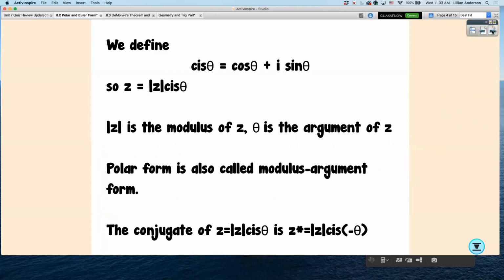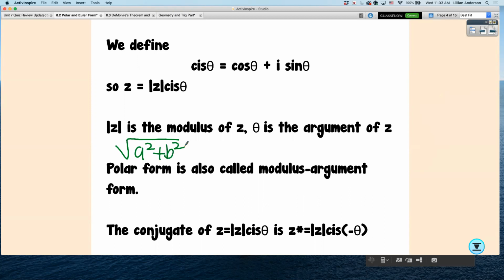And so your complex number z can be written as the modulus of z times cis of theta. Again, the absolute value bars of z, that's the modulus, aka the magnitude, the length, the size, essentially the square root of a squared plus b squared.